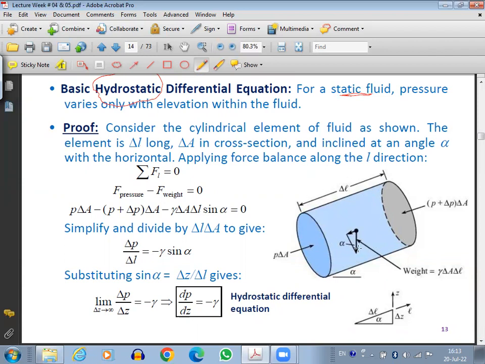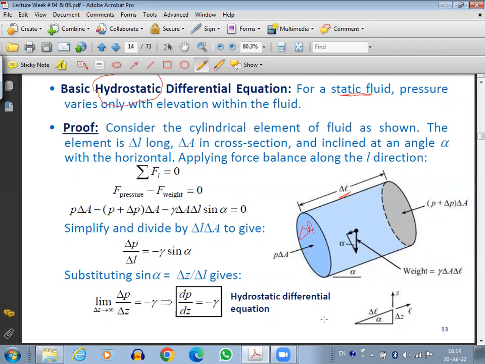This is a cylinder made up of fluid. The length of this cylinder is del L. The cross-sectional area is del A. This cylindrical element is making an angle alpha from the horizontal.